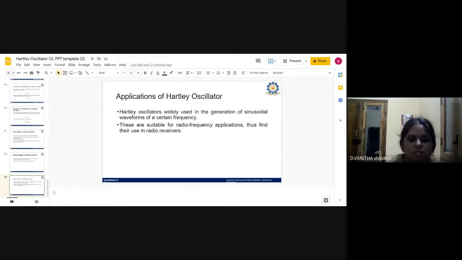So here I share the window to draw the diagram of the Hartley oscillator.